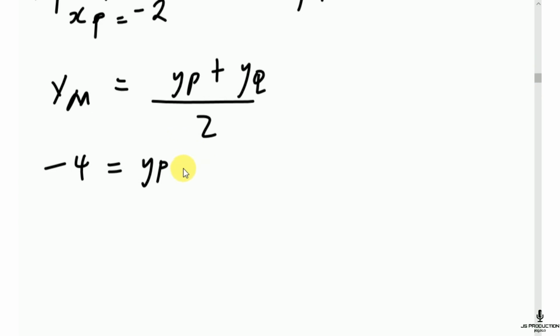So negative multiplied by positive gives negative, so this is going to be negative 8 divided by 2, over 1.